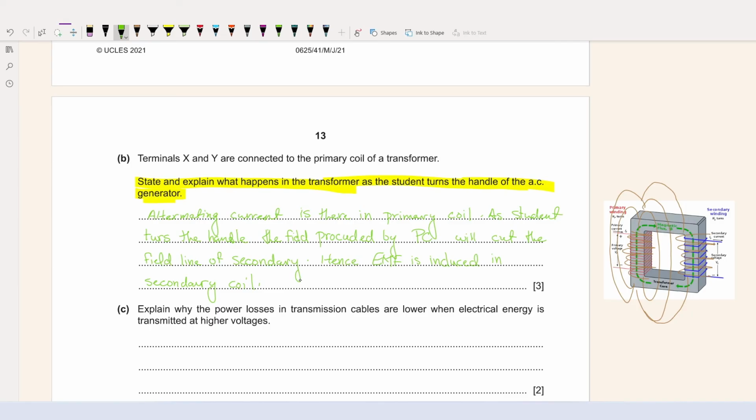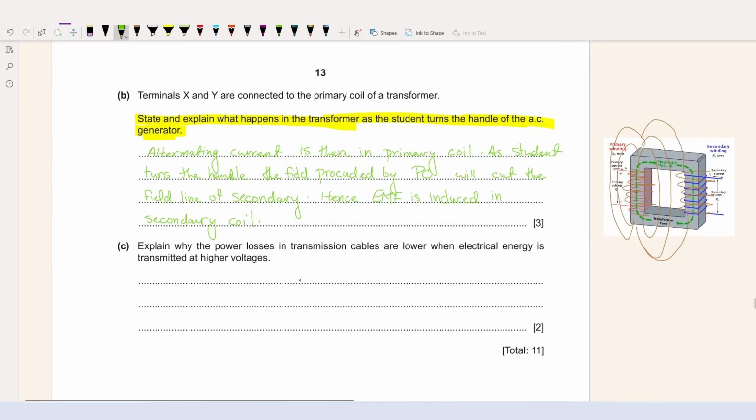Part C says, explain why power losses in transmission cable are lower when the electrical energy is transmitted at higher voltage. We can take our equation V equals IR, and we know that I is inversely proportional to V. And as we know, R will remain the same because the resistance of the wire doesn't change.